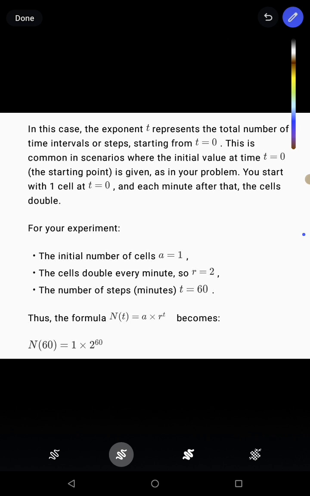Why do we not use the formula they give you for the nth term of a geometric progression, a_n equals a r raised to power n minus 1? We use that when your t starts from 1, not when t starts from 0. But notice here our t begins with 0. That's the difference.